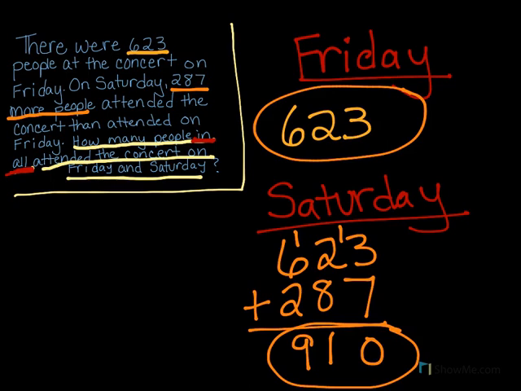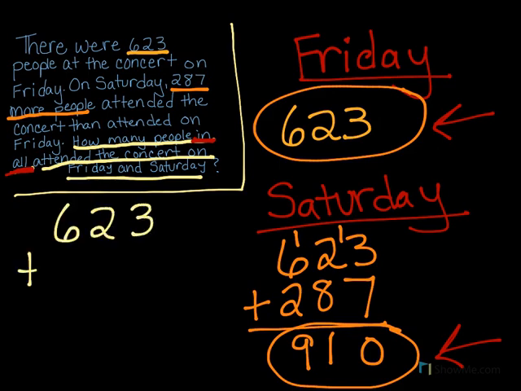So if I want to know how many people in all attended Friday and Saturday, then I need to add the two numbers. 623 plus 910.